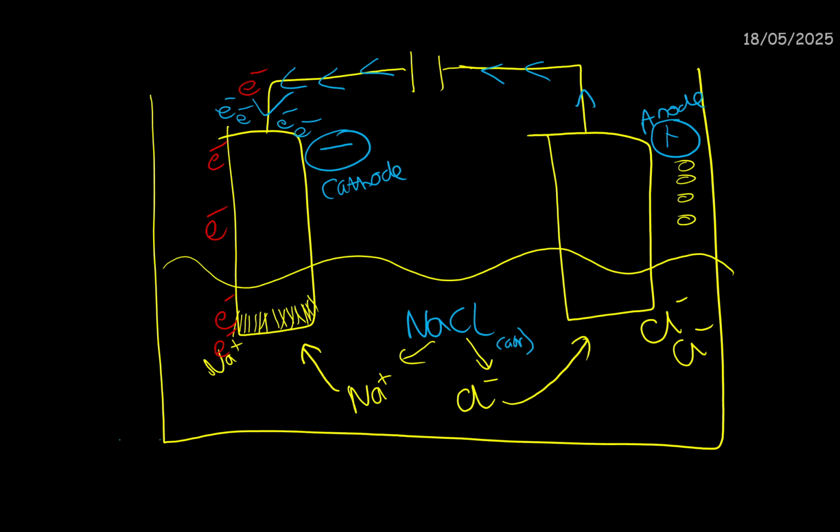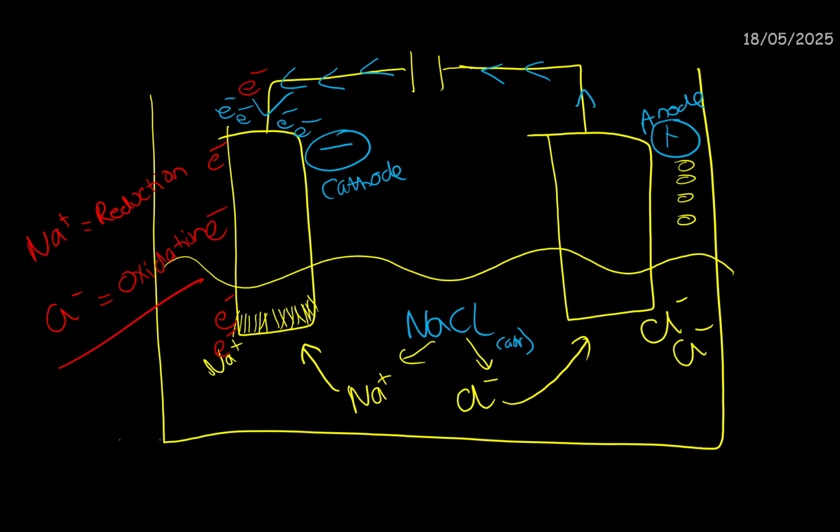Na+, because all the electrons are flowing to it. So the Na+ is gaining, and the Cl- is losing. So Na+ is reduction, and Cl- is oxidation. Does that make sense to everyone?